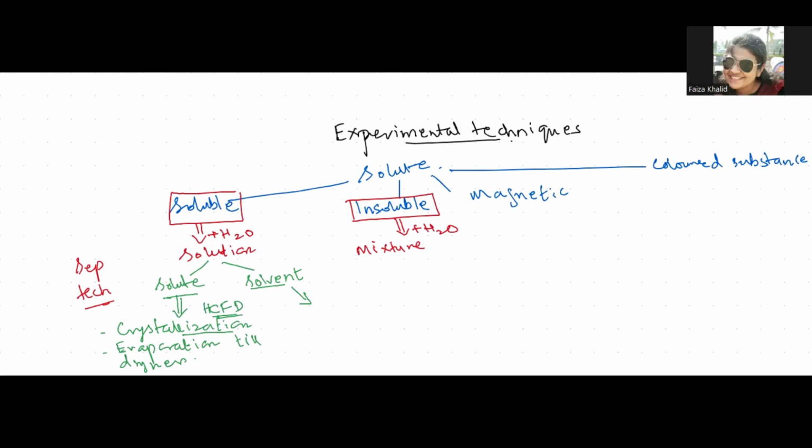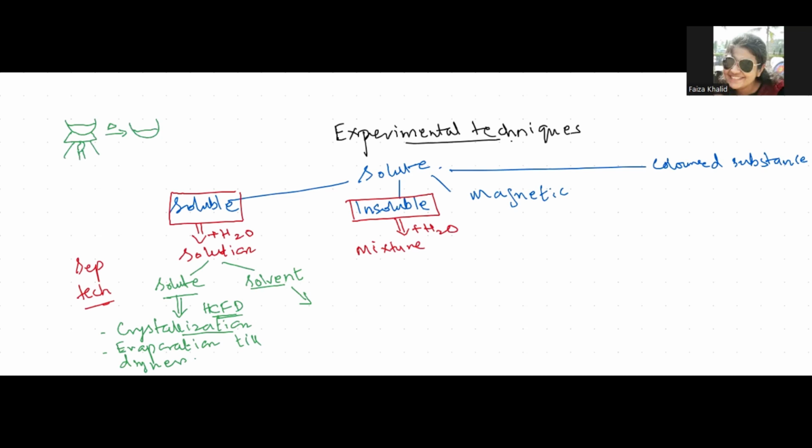C is crystallize. So in crystallization, what are you doing? You have the solution and you heat it up till a saturated solution is formed.